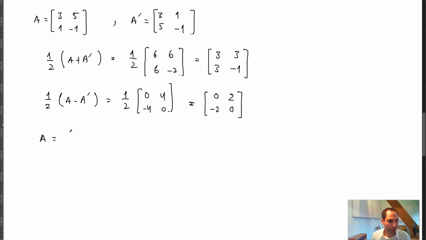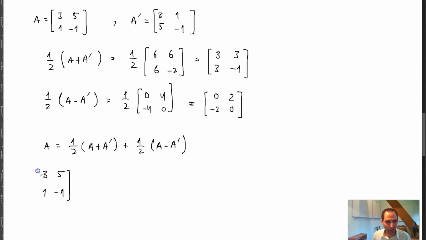Now I can write A is equal to 1/2 of A plus A prime plus 1/2 of A minus A prime, and therefore I can say that 3, 5, 1, -1, which is A, is equal to this matrix plus this matrix, which is 3, 3, 3, -1 plus 0, 2, -2, 0.